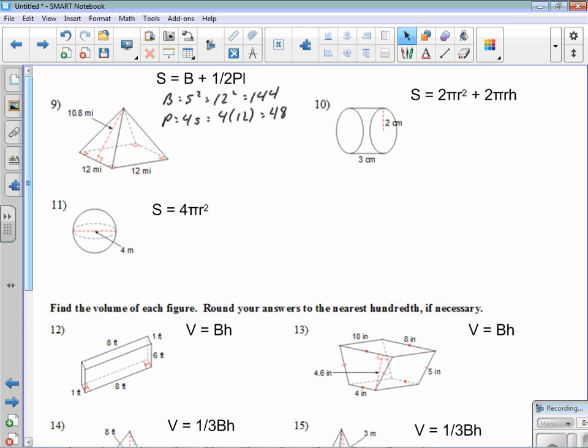And the slant height L is 10.8. So for surface area, we have 144 plus 1/2 of 48 times the slant height of 10.8.